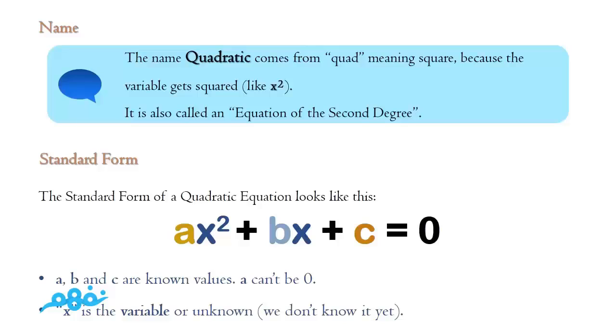It becomes a linear one, because by multiplying a, which equals 0, by x to the power 2, the leading coefficient vanishes and it is still a linear equation. Okay, and x here is the variable, and x is the mystery that we try to solve by solving the quadratic function.